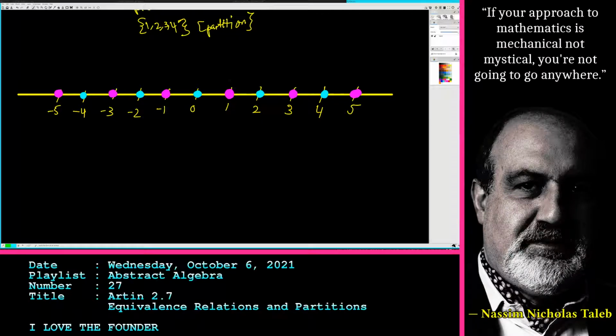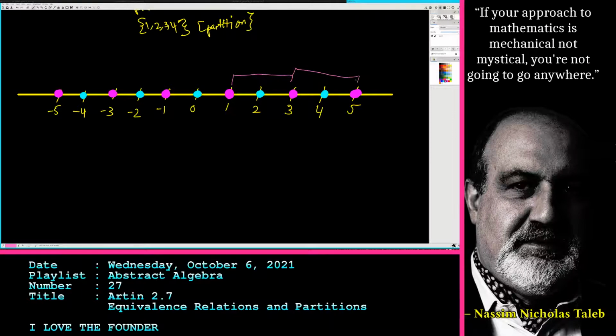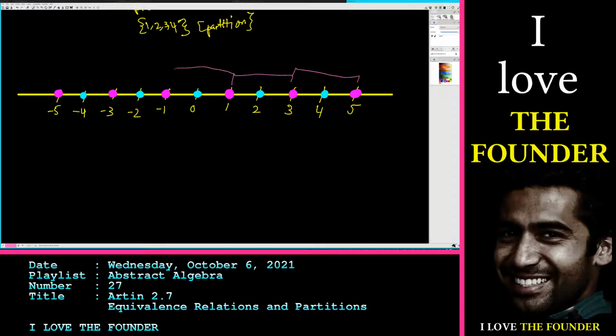I want you to notice that all of the pink ones differ by a multiple of 2.